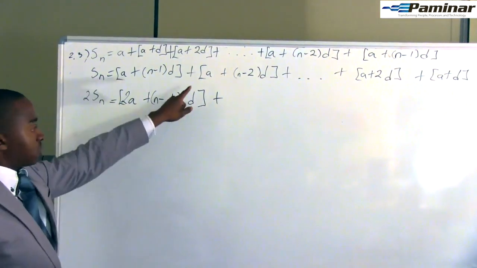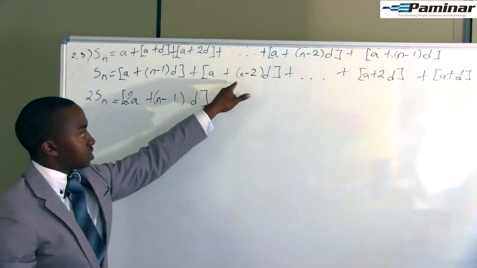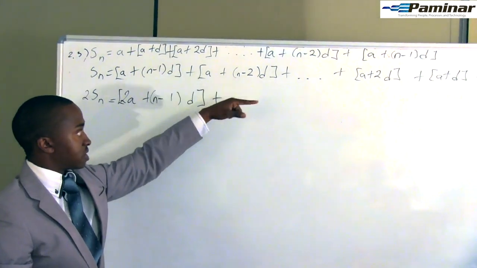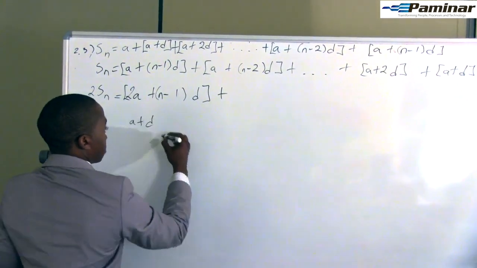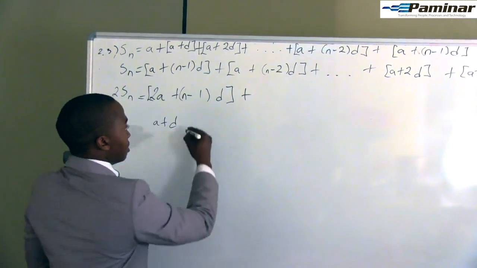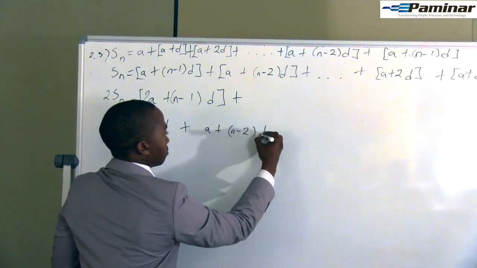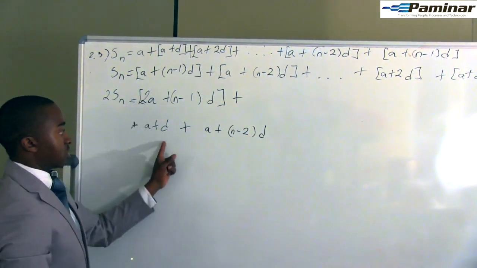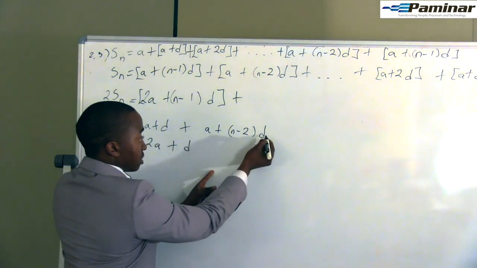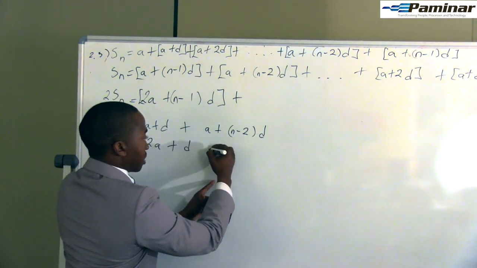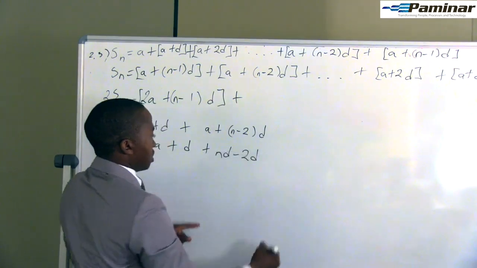Plus. Now, which two terms are we adding? The second terms. So if you add A plus d to A plus (n minus 2)d, what should you get? Let's do it this way, just so that you don't get confused. A plus d plus A plus (n minus 2)d. The A and the A give 2A, plus d. The (n minus 2)d multiplies in, so that's plus nd minus 2d.